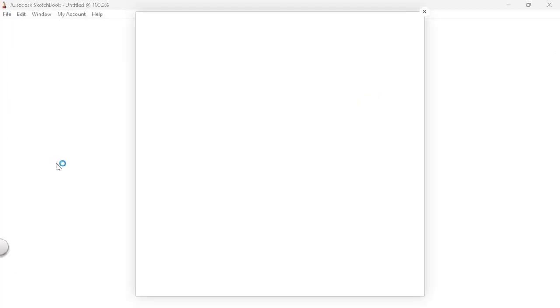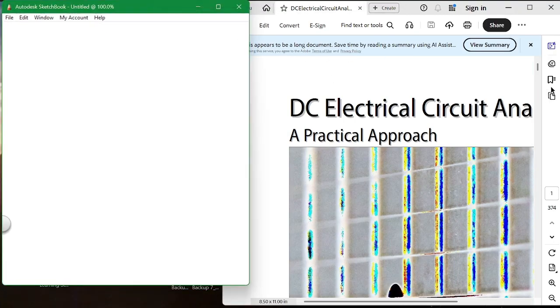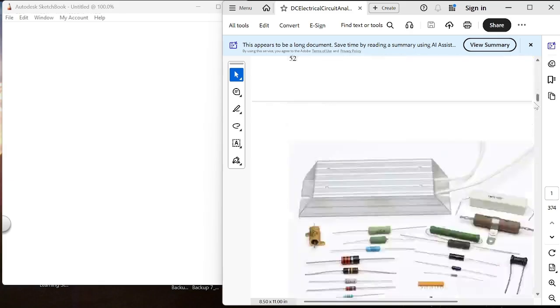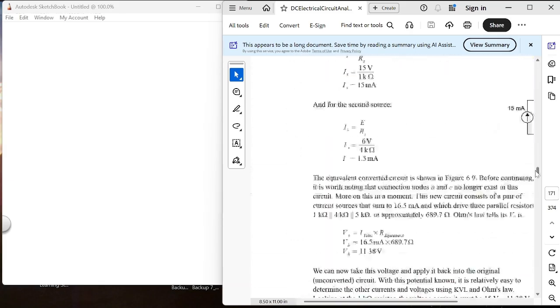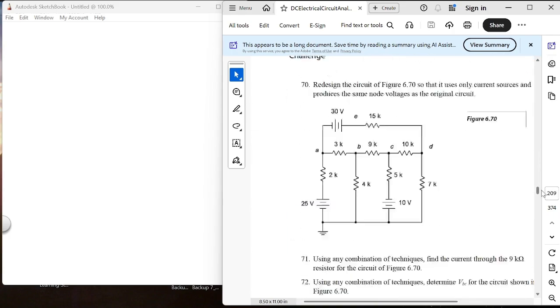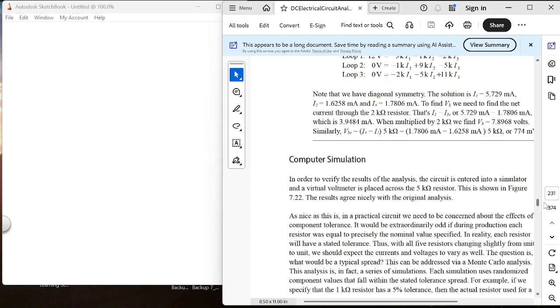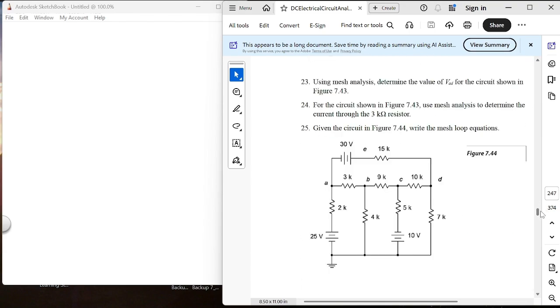Chapter 8 is on capacitors, and there are some good problems in this chapter. So basically, we're just going to try to get through them. There are a couple that I have assigned to you. We're going to do more than what I assigned, but we'll get those done as well. Okay, so chapter 8.